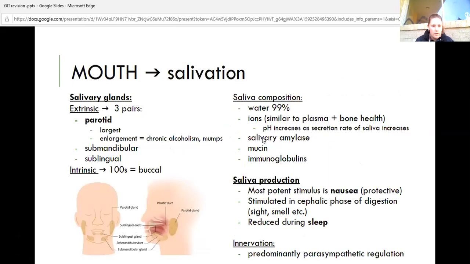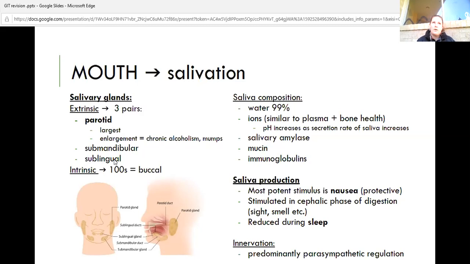All right, so going to break it down into the different organs, I suppose, starting with the mouth and salivation. The big three salivary glands are your parotid, which is the largest one, and a buzzword, if they say they have a large parotid on examination, is you're thinking chronic alcoholism and also mumps, then mandibular gland and also sublingual.